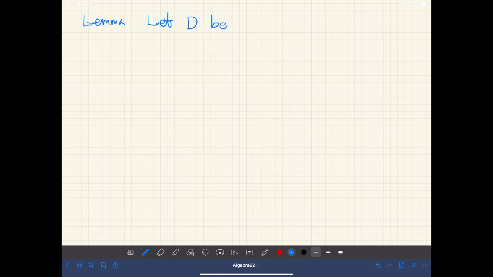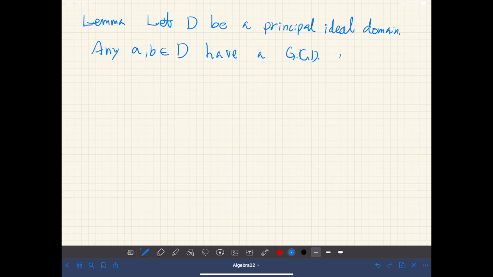Let D be a principal ideal domain, and any two elements a, b in D have a greatest common divisor d given by (a) plus (b) equal to (d).